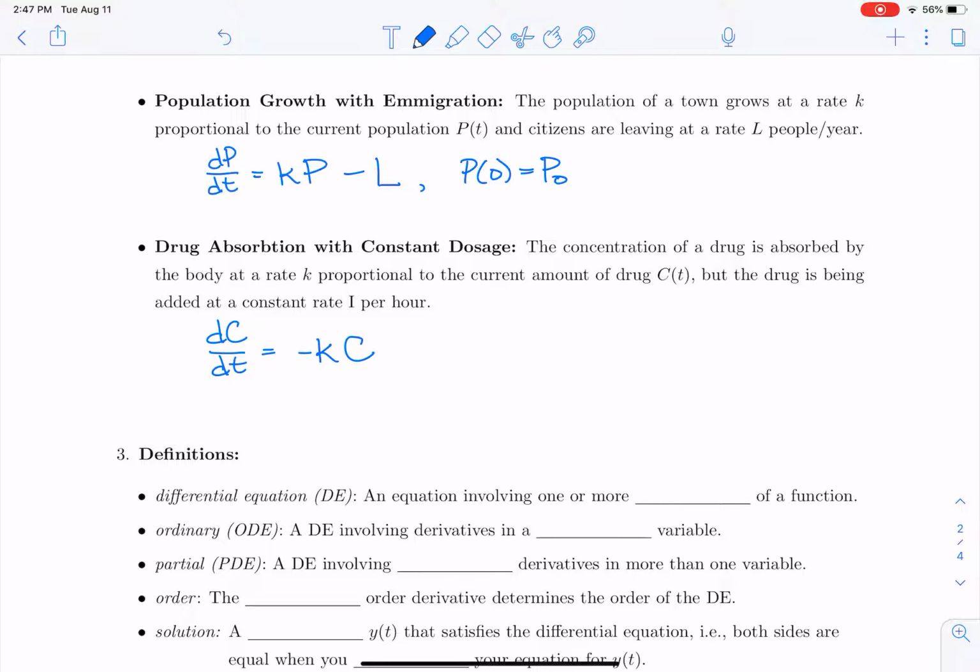It's going to be added at a constant rate of I per hour, so if we want to include that constant rate, we'll just add I. Now we have a drug that's being pumped in, maybe through an IV into a person, and then the body is absorbing it at a rate proportional to the amount that is currently in the body. Again, we'll have some sort of initial condition, C of 0 equals C sub 0.